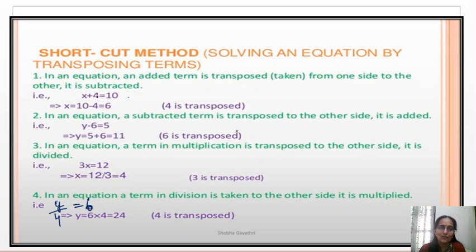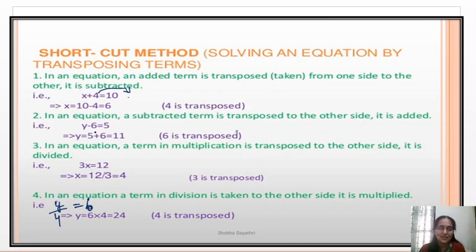You have to bring 4 to the right side. Now the addition has become subtraction. x remains on the left hand side itself. x equals 10 minus 4. You will get the answer as 6. You got the solution x equals 6 by transposing 4 to the right side of the equation.